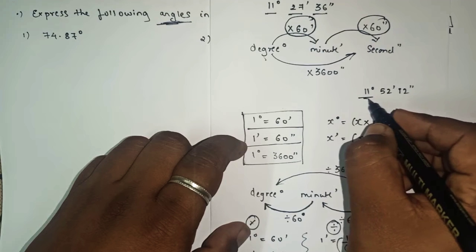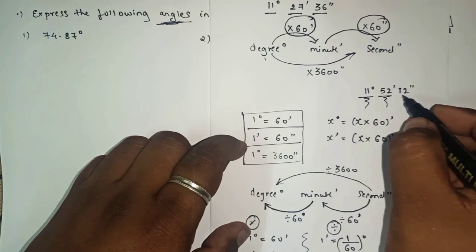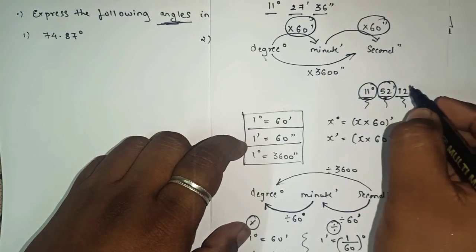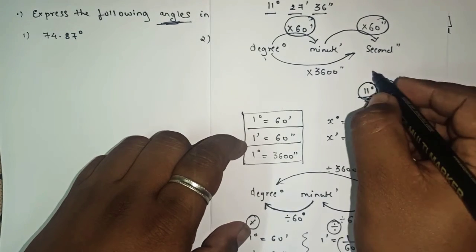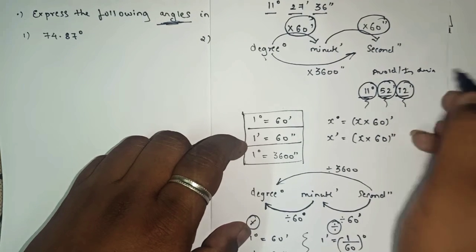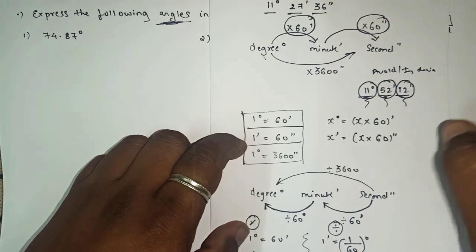The final answer of degree, minute and second should be without decimal. That means, in simple language, we have to ignore the decimal. Now how to ignore the decimal? There will be a process.